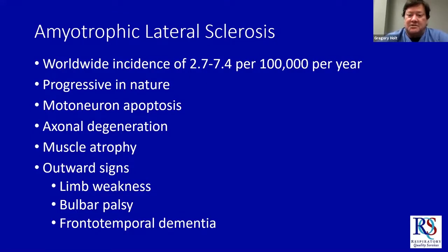Now, it's not just muscle atrophy that can happen. If you look at the bottom of this slide, this frontotemporal dementia, there could be a component of this. And sometimes if you're a caregiver or a family member and you notice laughing or crying that may or may not be appropriate, you're not sure what's going on, and you start to see some behavioral changes in your loved ones or in your patient, that could be a component of this FTD, or frontotemporal dementia.